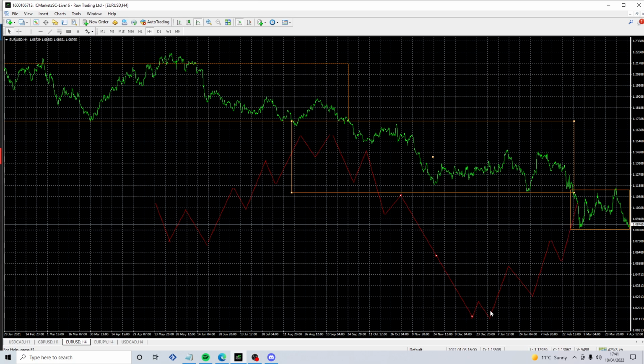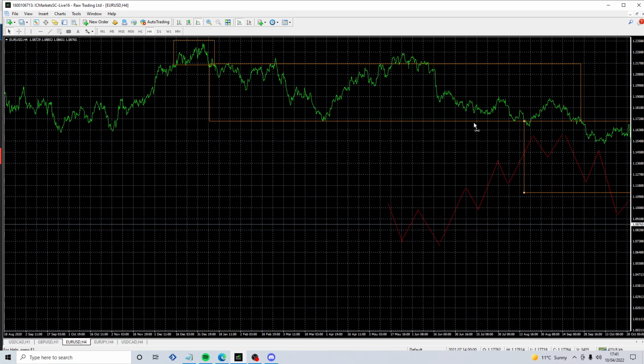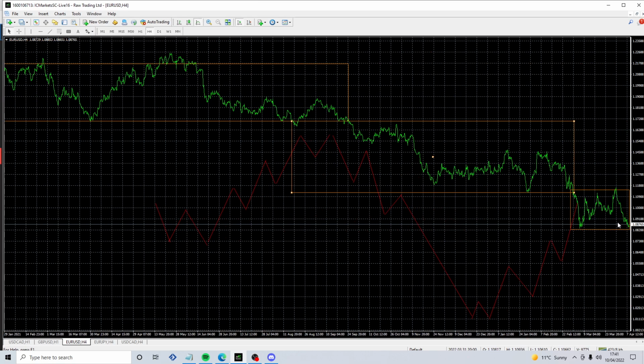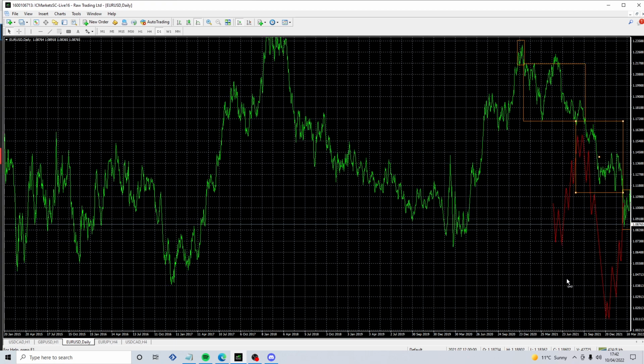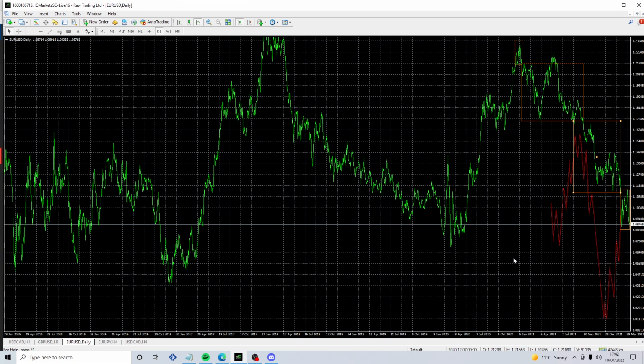So potentially we could be here in Euro USD cycle. We've had a peak, you've had level 1, level 2, and level 3. Now this level 3 could keep on dropping. It's sort of hard to tell at this point. But Euro USD looks all good.